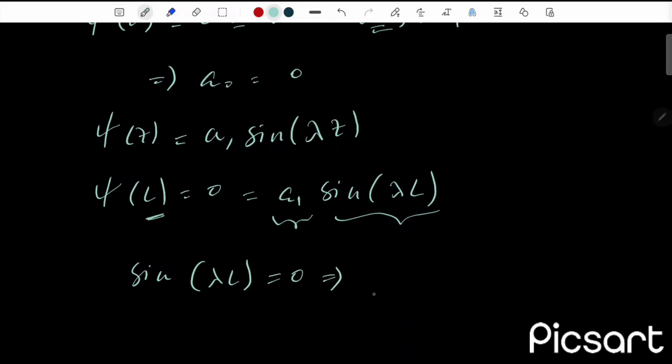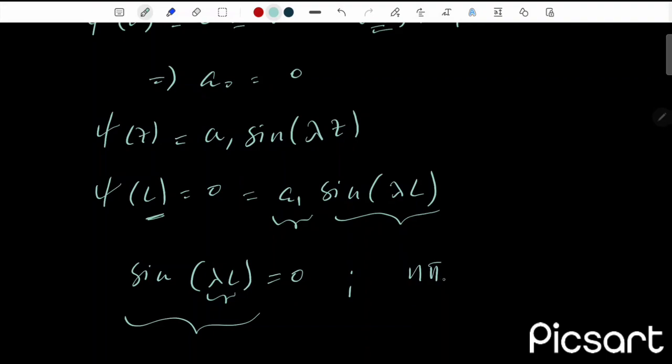The only values that lambda times L must have to get the sine equal to 0 are the integer multiples of pi.